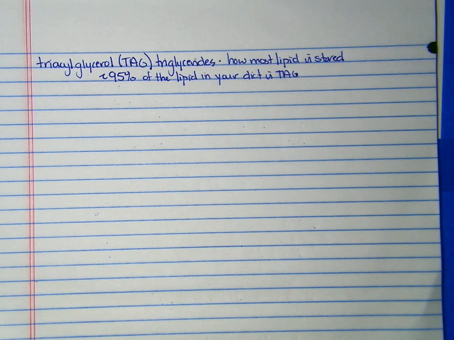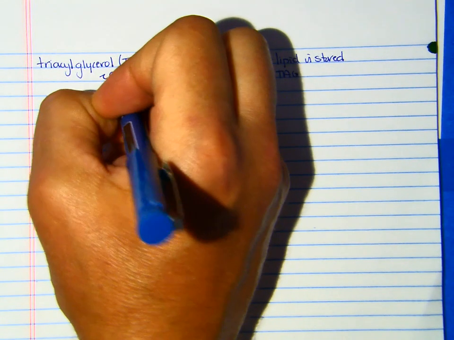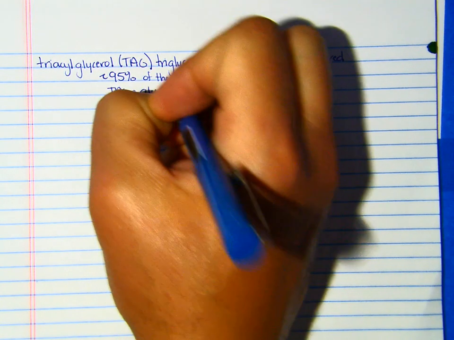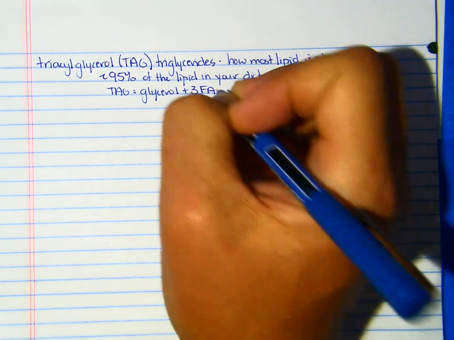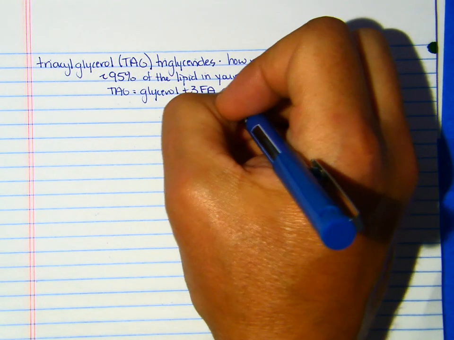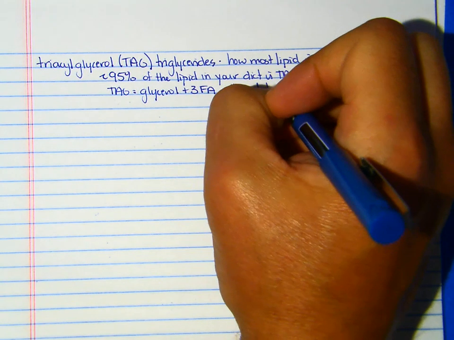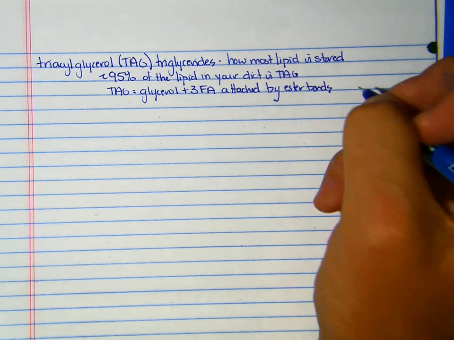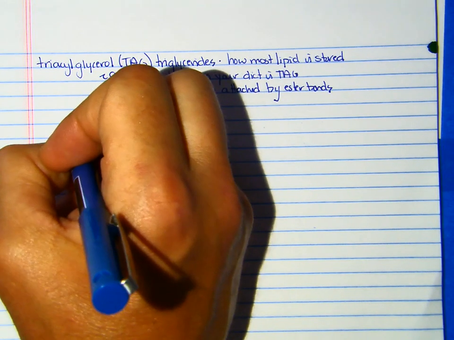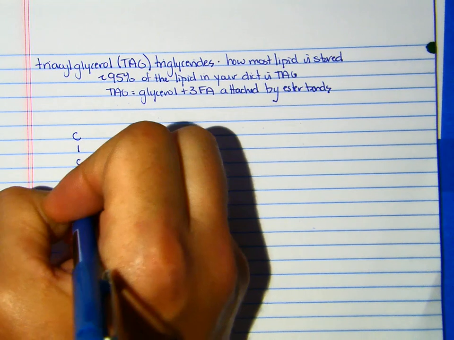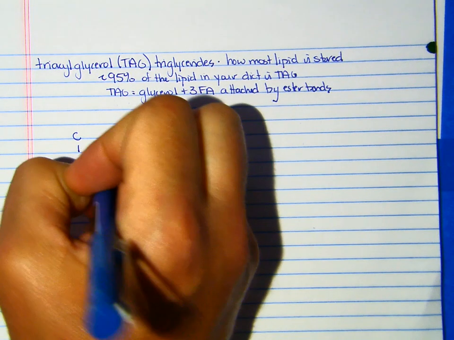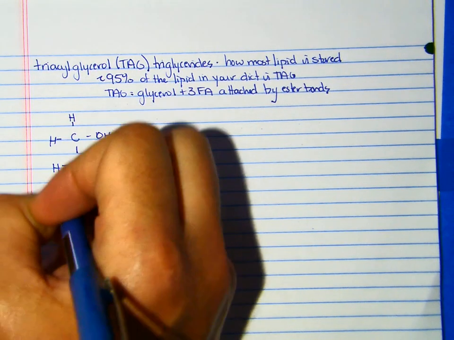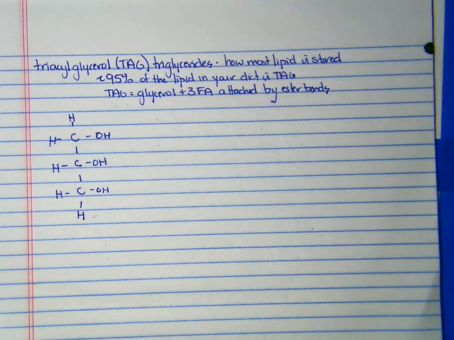And so what TAG is, TAG equals a glycerol backbone plus 3 fatty acids attached by ester bonds. And so glycerol has 3 carbons, an OH on each of the carbons, and then a hydrogen, and so that's glycerol.